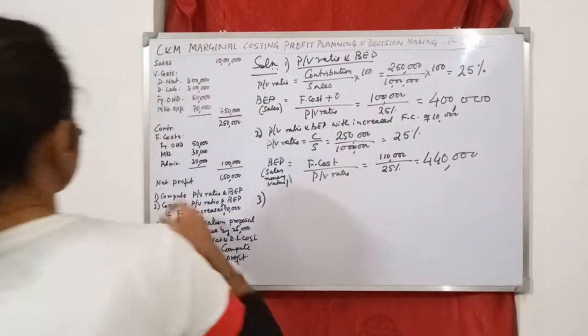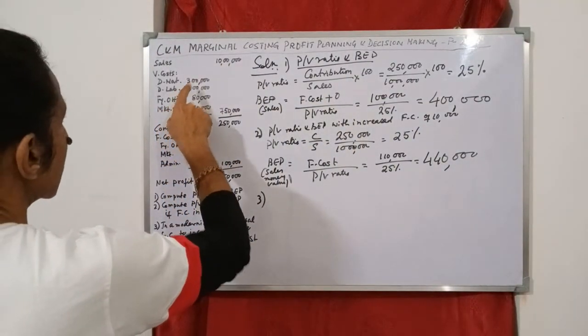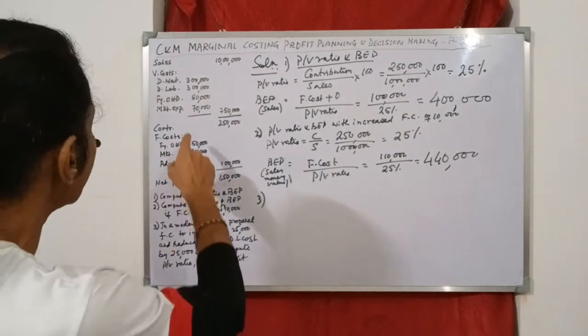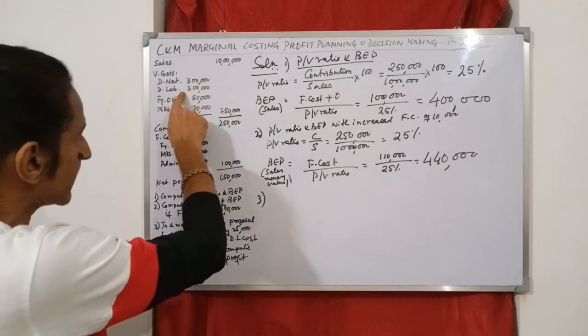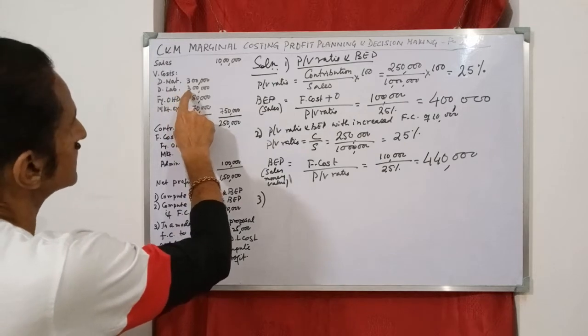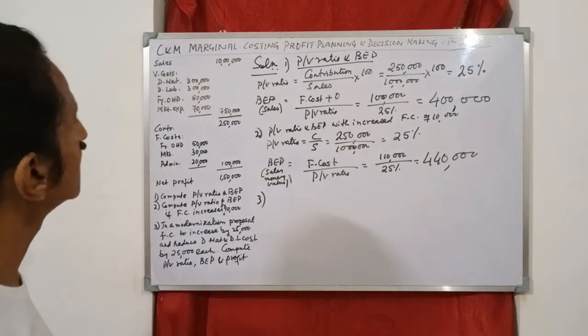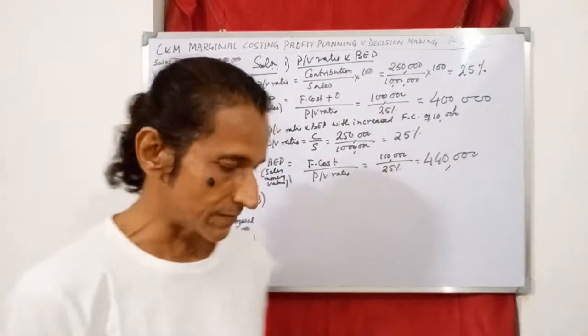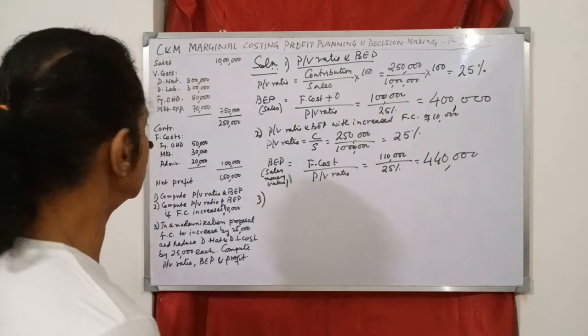That means the current direct material cost is 3 lakh, so it will be 2,75,000. In the same way, direct labor cost at current level is 3 lakh, so it will also reduce by 25,000 and it will become 2,75,000. Right?